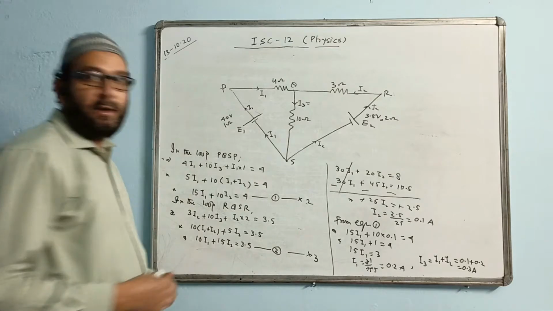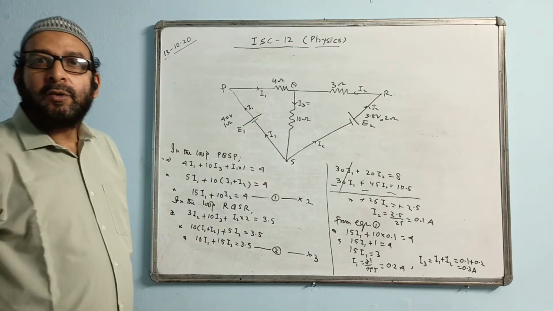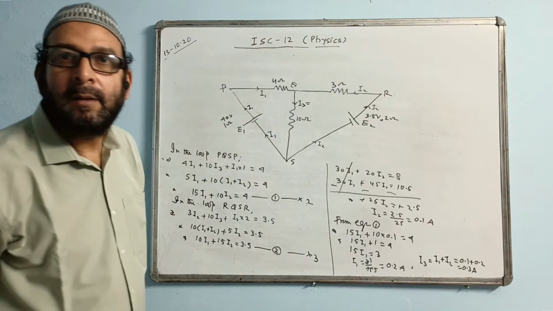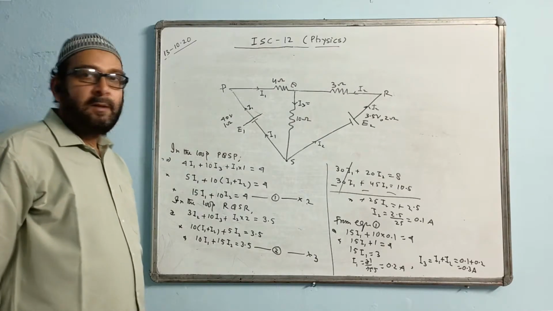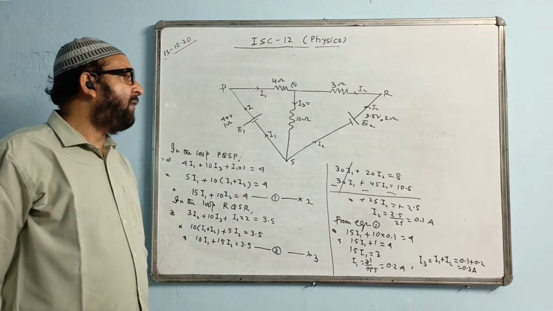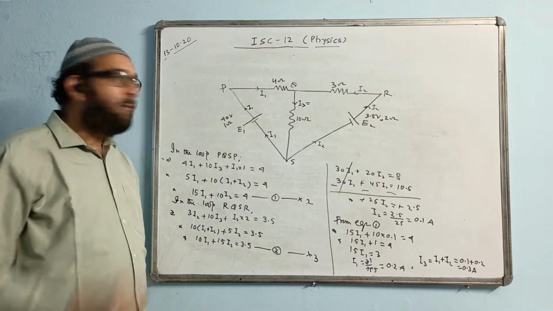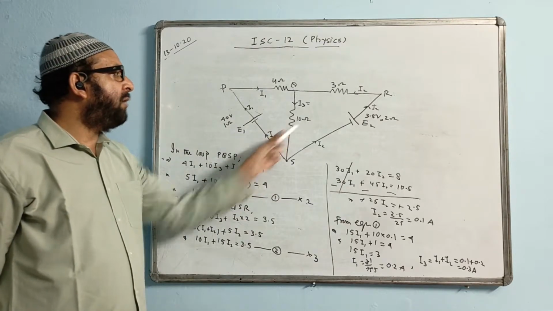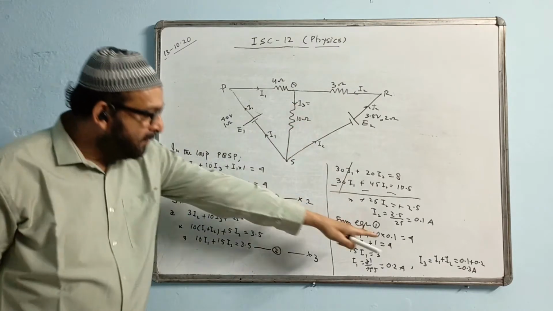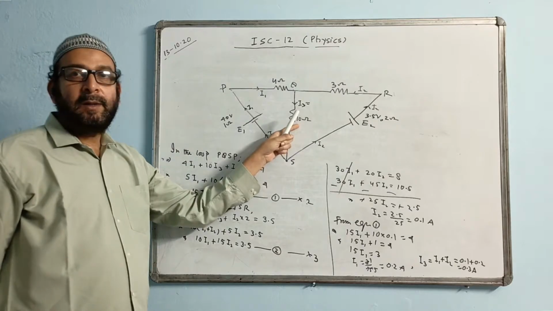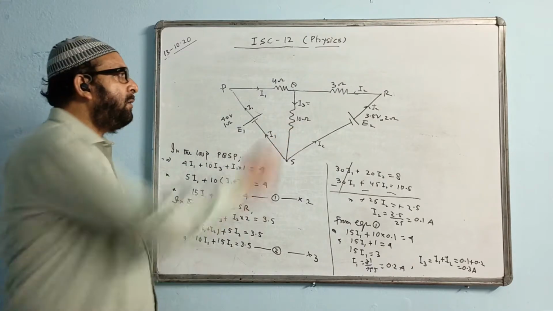This is a question of ISC 2011. So this is the answer. By chance, if they ask you to find the terminal voltage across 10 ohm, what would the answer be? I3 into 10, and I3 value we found is 0.3, so 0.3 into 10 will become 3 volt.